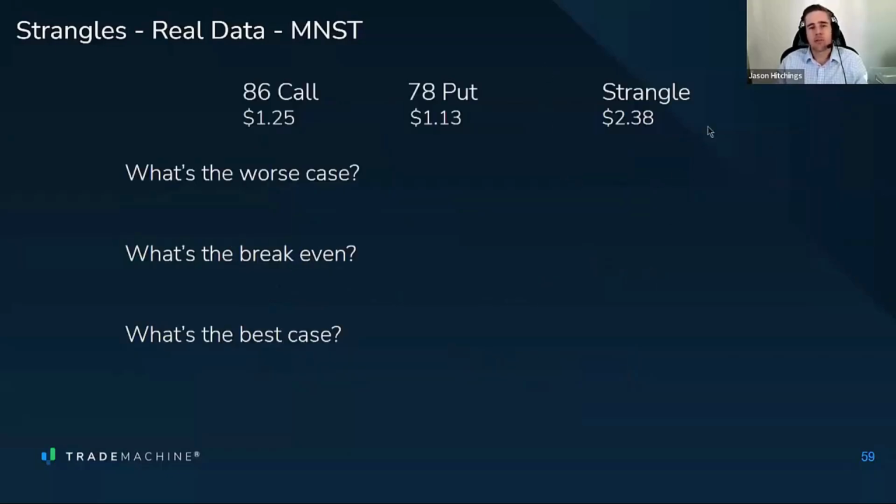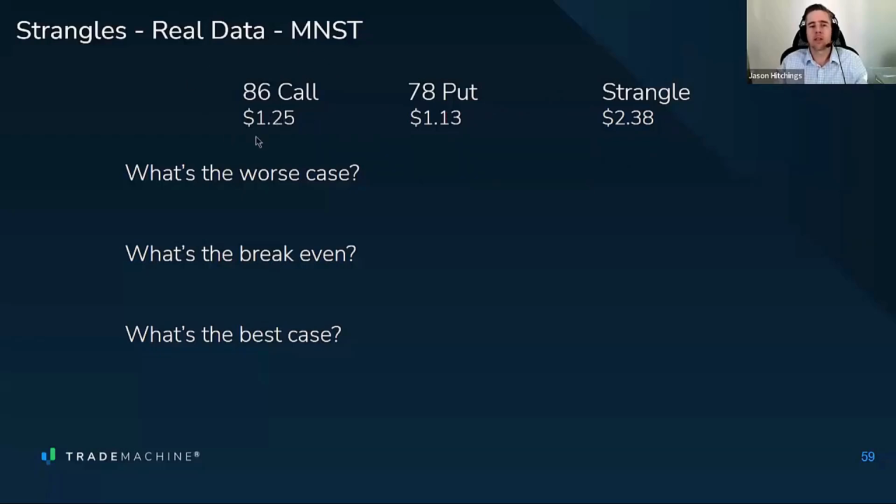Okay, so we have this position. When they're not both the same strike, if they're both out of the money, we call this position a strangle. Now that we have a call at 86 and a put at 78, what's the worst case scenario? Well, we own options, and it's very possible that neither one of these ends up in the money.